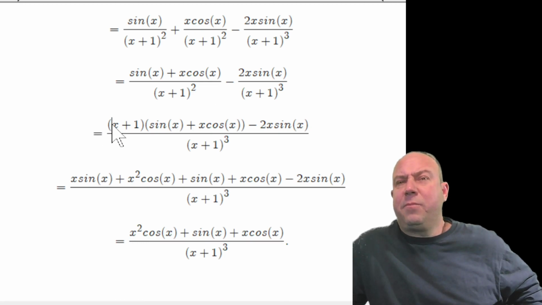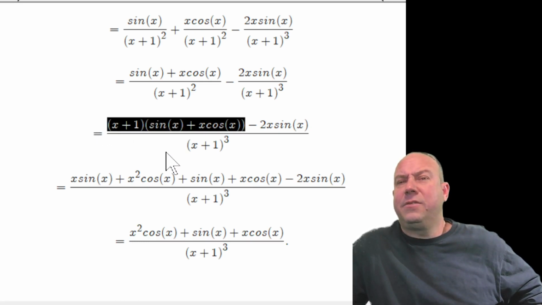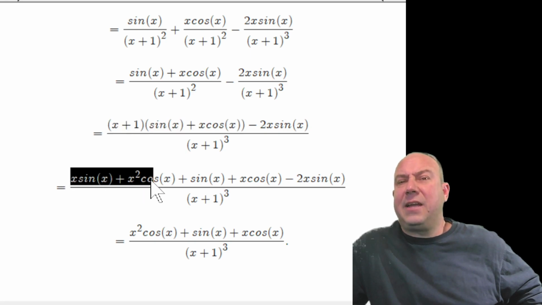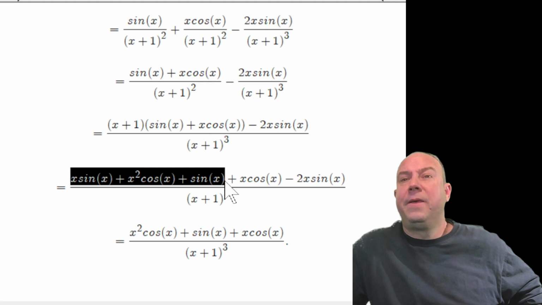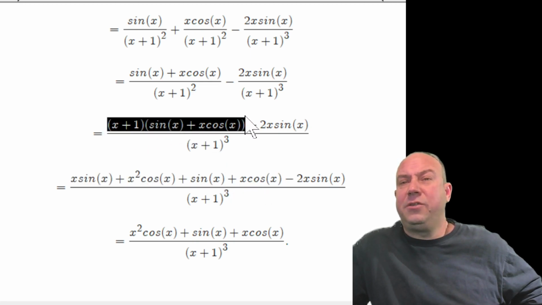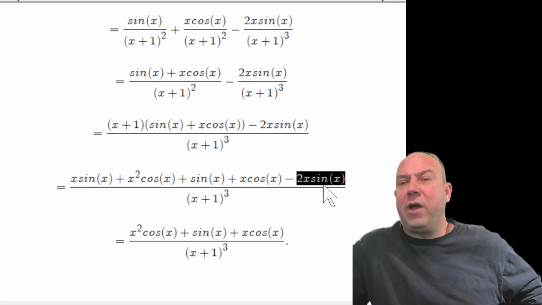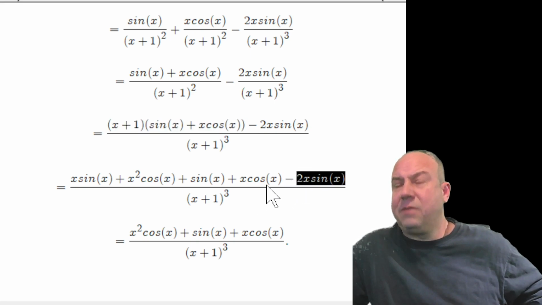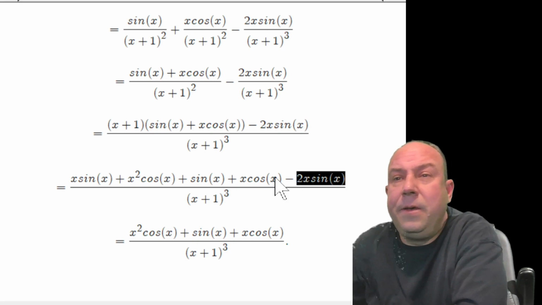If I expand the product of these first two factors, I will get x sine x plus x squared cosine x plus sine x plus the cosine x, right, with the expansion of these two factors. And then we're going to take away 2x sine x from that.